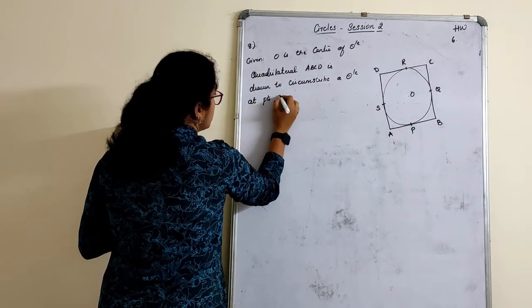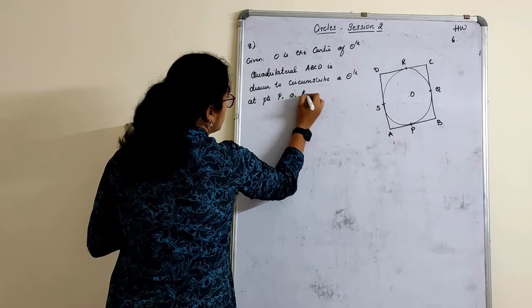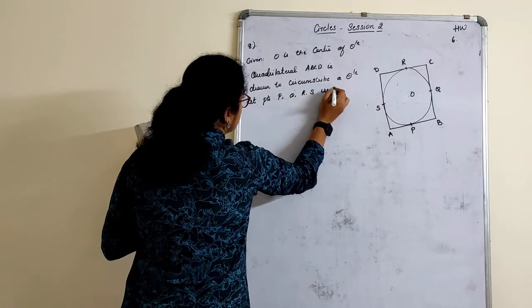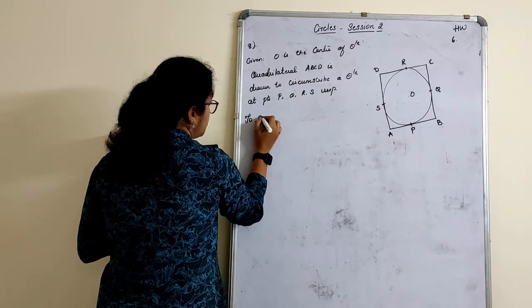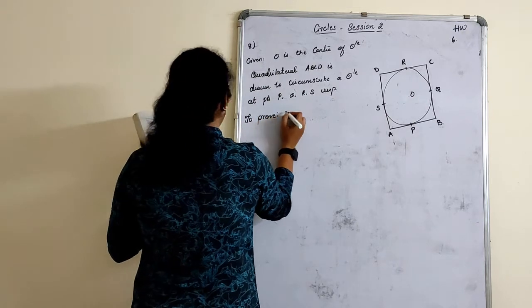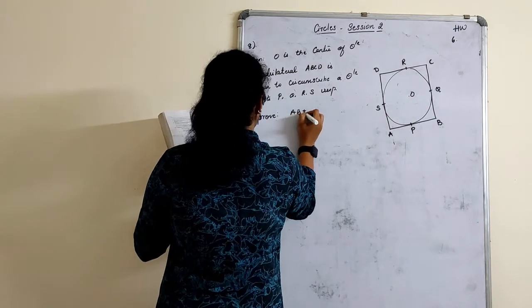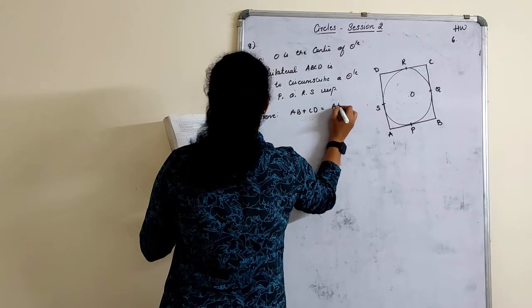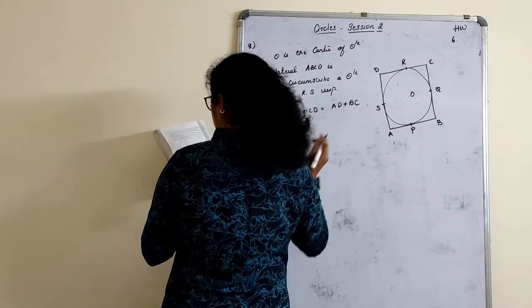To prove: AB plus CD is equal to AD plus BC.